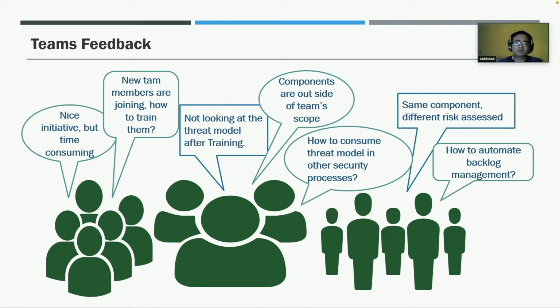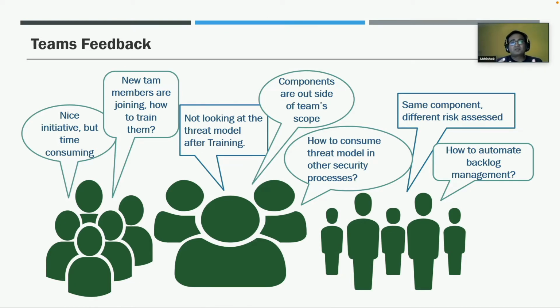Also, new team members are joining, so whose responsibility is it to train them? As per the program, we chose the team. These teams are there to start as DevOps, so let's train them as a team. But later on, if some rotation is happening and new team members are joining in, who will train those teams? Not looking at the threat model, so it's not sustainable.